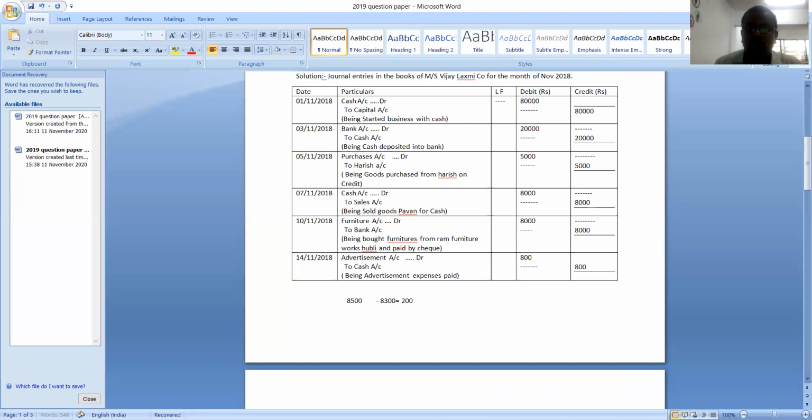Okay, so in this particular kind of transaction, three accounts will come, not two accounts. Let's see which are those three accounts.